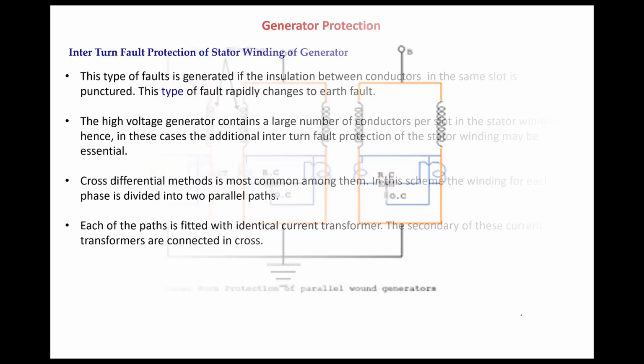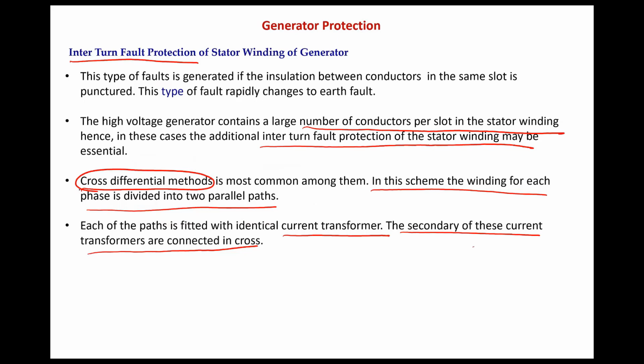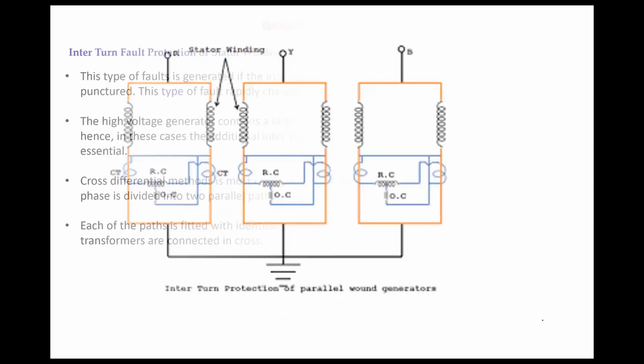The second important point is that these are called cross differential schemes, used to protect against interturn faults. What is the idea?